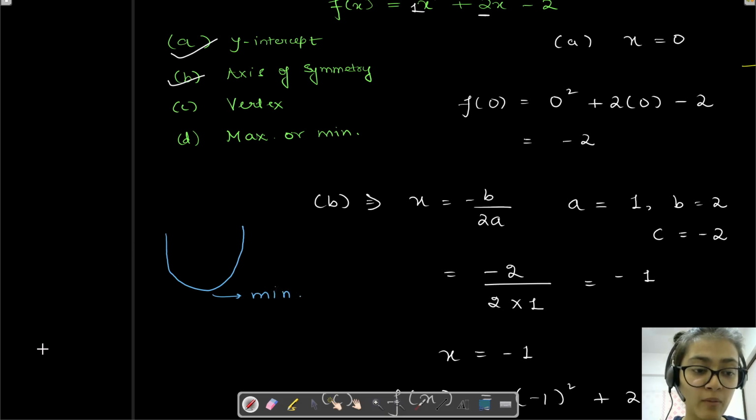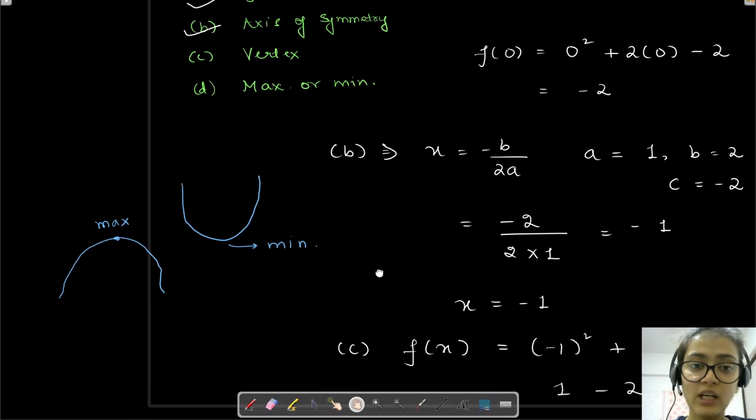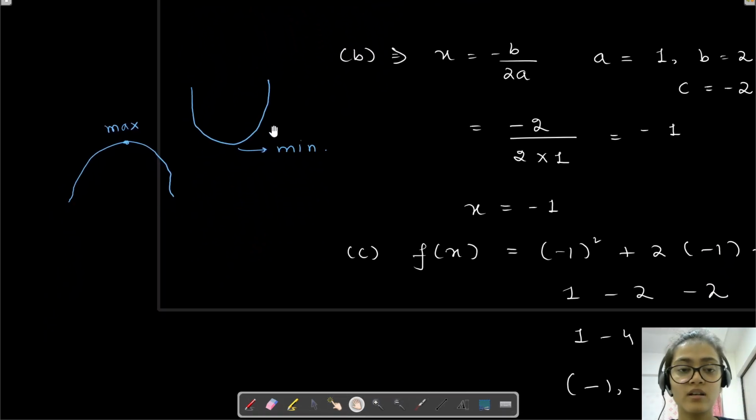And if your parabola is downward opening, then you will have a maximum value. But the problem here is that the graph of the parabola is not given, only the equation is given. So by looking at the equation, how can you tell whether it is an upward opening or downward opening parabola?